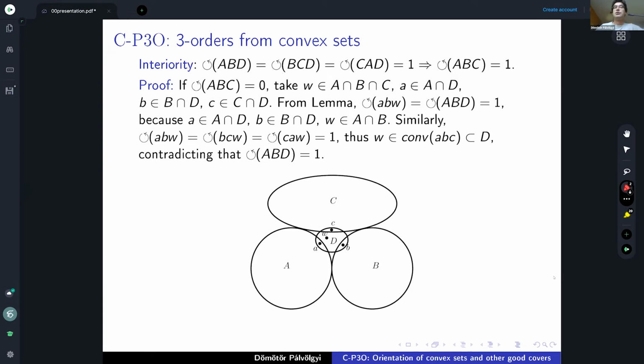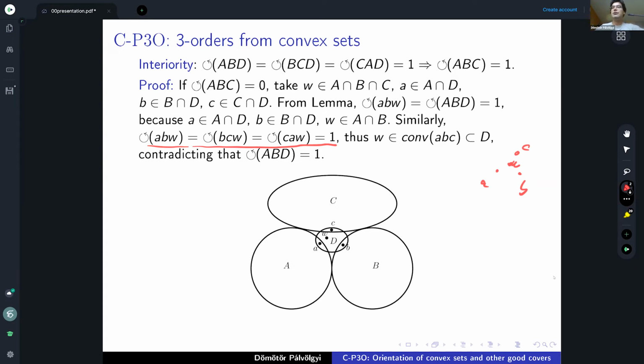So I get this condition, the interiority condition is true for these 4 points. But if it's true for the 4 points, then I can conclude that A, B, C are somewhere here, and that W must be inside them, because I know that for points, this is what the interiority means.